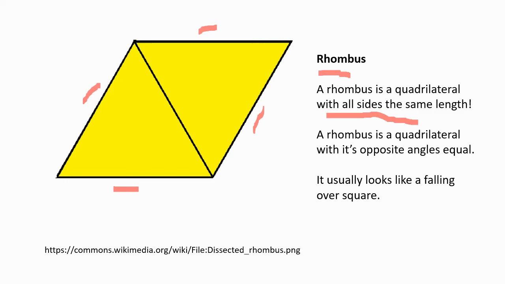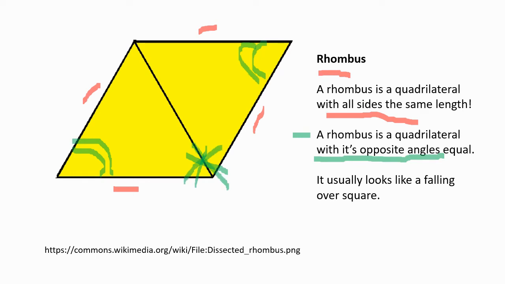But that's like a square so far. Here's how a rhombus is different. A rhombus is a quadrilateral with its opposite angles equal. So this angle here equals that angle there, but this angle here does not equal that angle here.